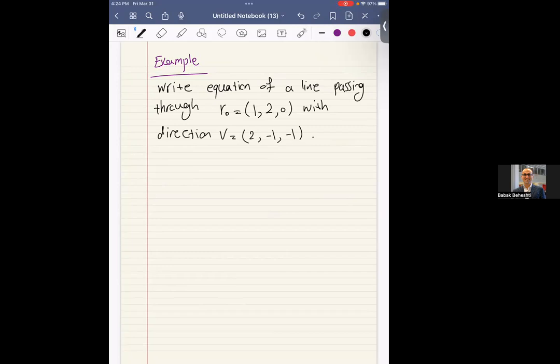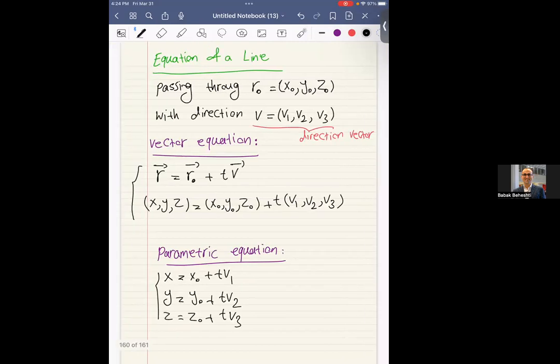So the vector equation, as I just said, is x, y, z equal to 1, 2, 0 plus t times 2, -1, -1. And t here is just a real number. I mean, in the previous equation also t is a real number.